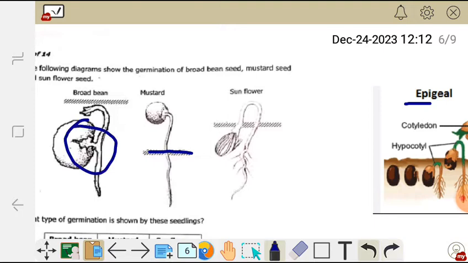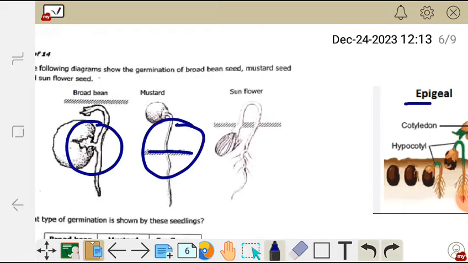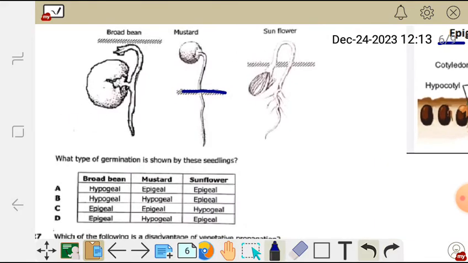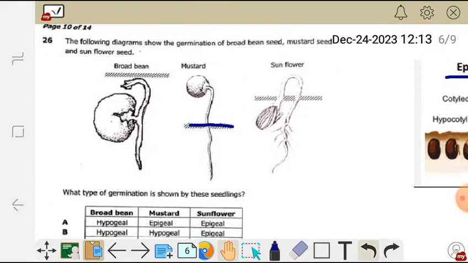Because the seed is remaining, and the shoot there, the germinating part, is just coming out alone without a seed. So this is hypo, epi, epi. So the correct answer here is A, which is showing broad seed, hypogea, epigea, which is the seed, the cotyledon is exposed, and epigea here as well. So the correct answer is A for question 26.